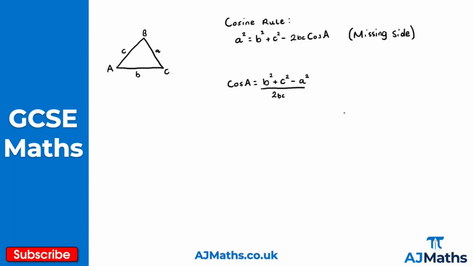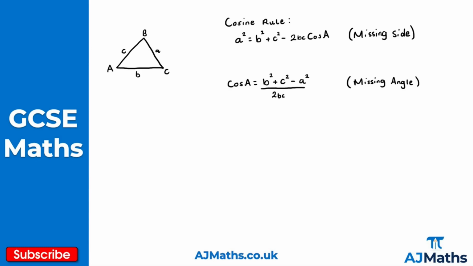Okay, and that's for if we're missing an angle. Like I said, this form of the cosine rule is just a rearranged form of this equation here. Okay, that's everything that we need for an introduction to the cosine rule.